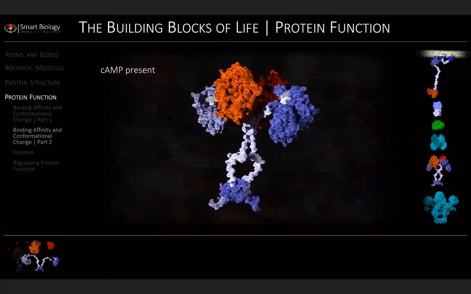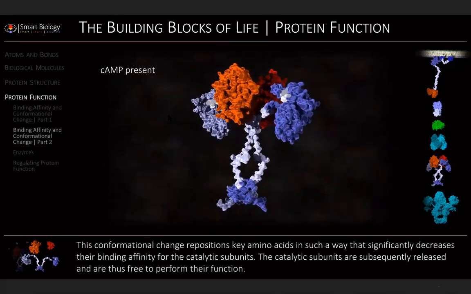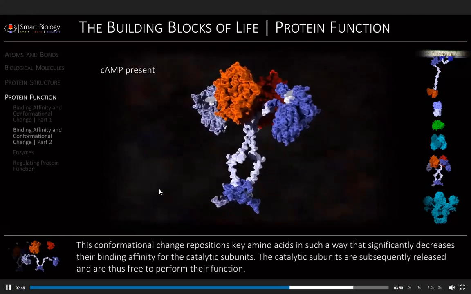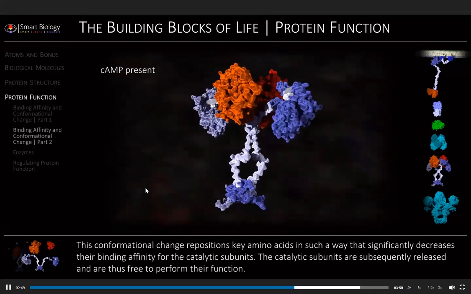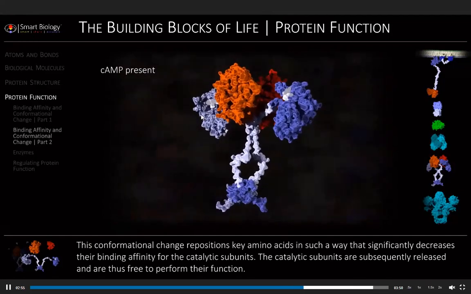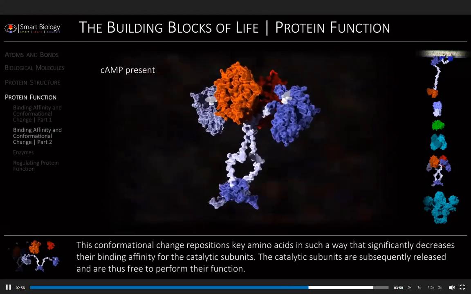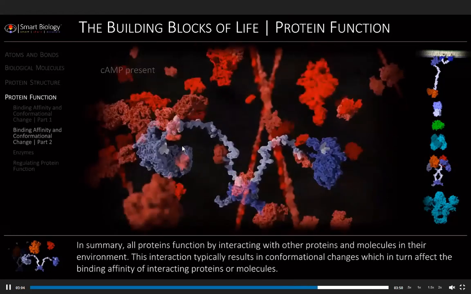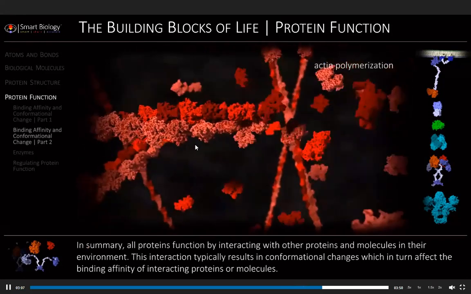Again, these sort of changes are possible only because we have non-covalent bonds. And it repositions key amino acids in such a way that it significantly decreases their binding affinity for the catalytic subunit. So now the regulatory subunits have moved away. Look at that. They have actually moved away, and now the protein can be functional.